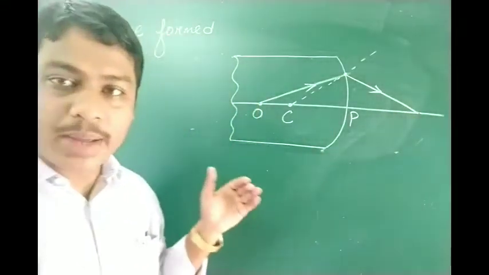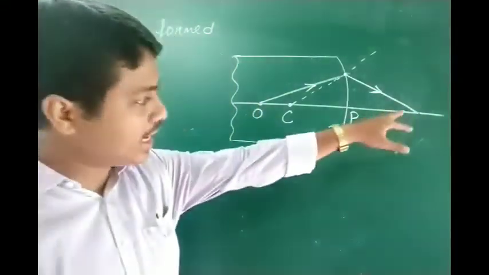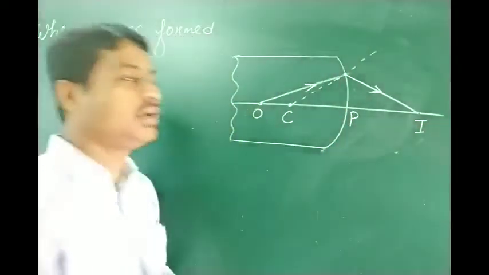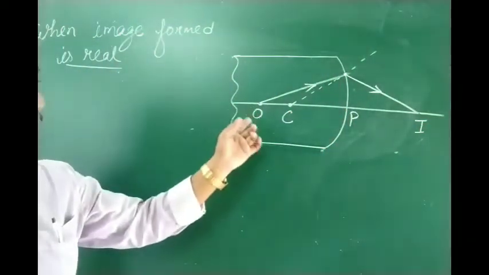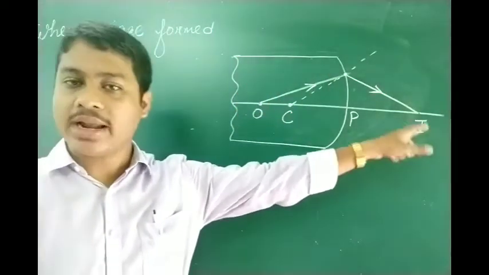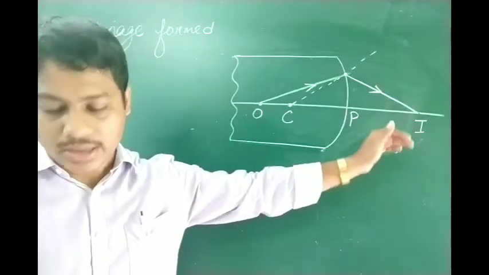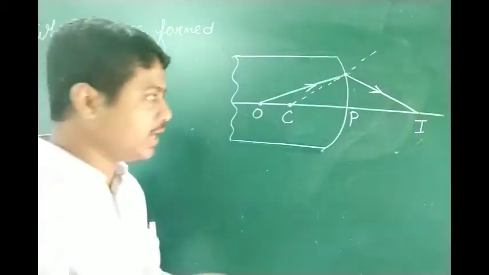At the point of intersection with the principal axis, your image formation will be done. So this is your point object and that is your image, and that image is your real image. Clear?